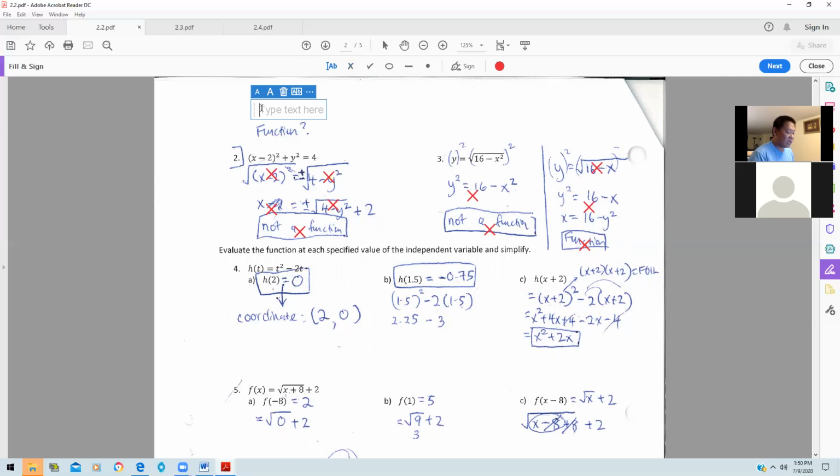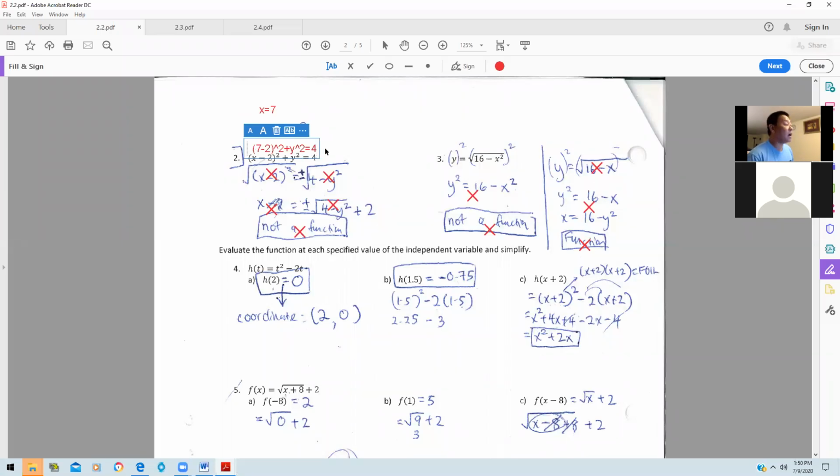Can someone give me any x value you want? 7. Okay. So we just plug 7 into this equation: 7 minus 2 to the power of 2 plus y squared, because we don't know what y is, equals 4. And you try to solve for y.